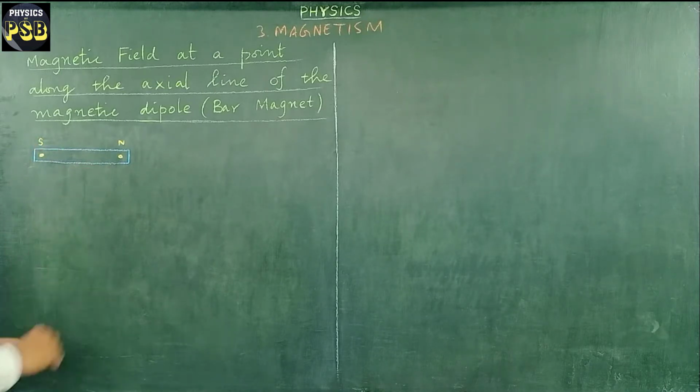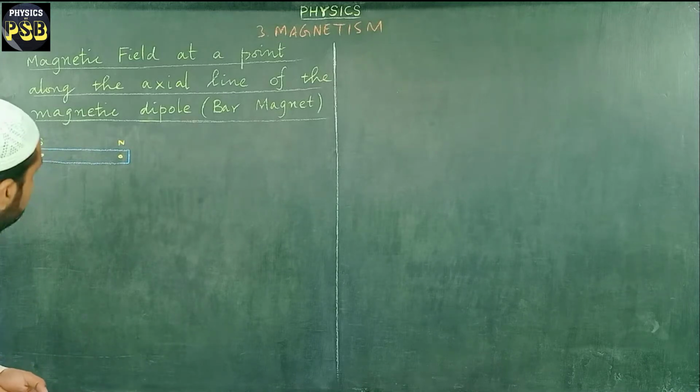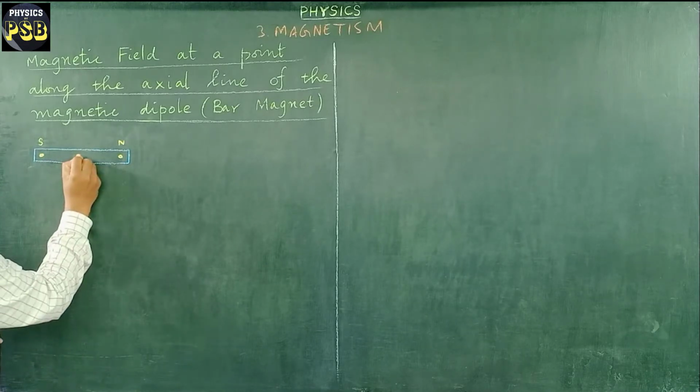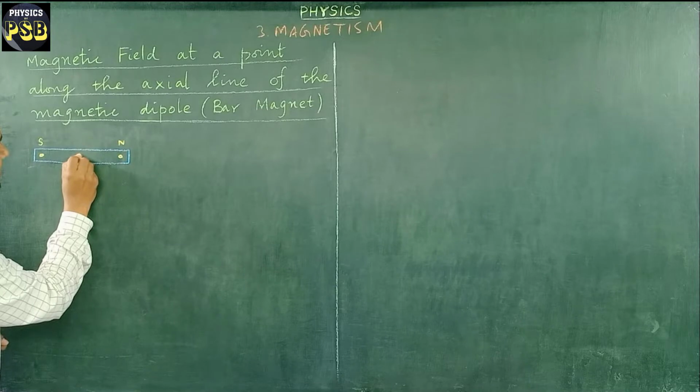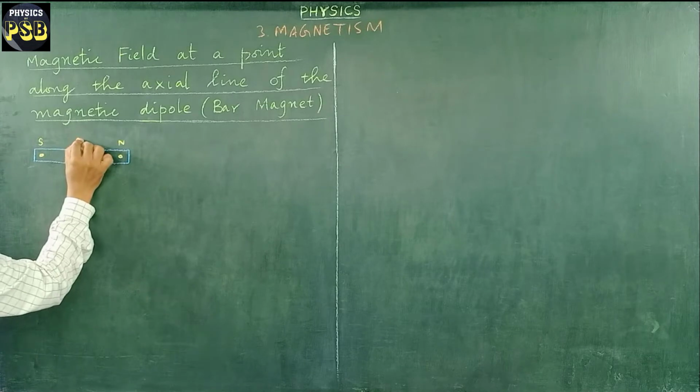Actually, they are the ends of a magnet. Then I take one point here at the center. I call this point the geometrical center of the magnet.